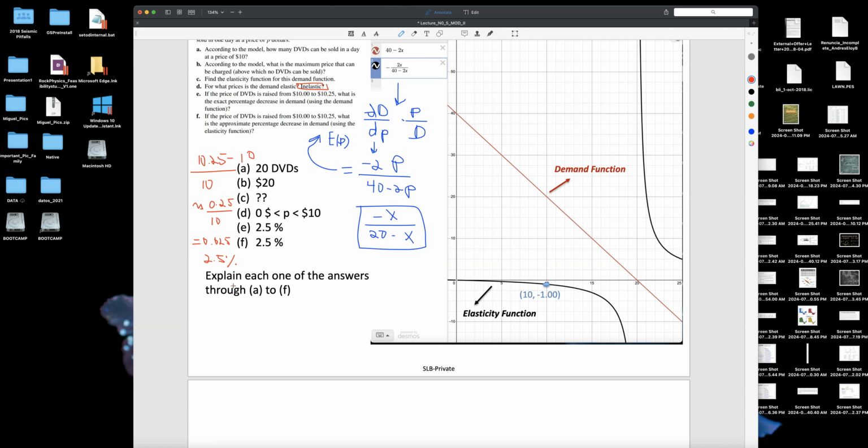In other words, if the price changes by 2.5% from $10, what is going to be the percentage change in demand? What I need to do is evaluate the elasticity function at the price equal to $10.